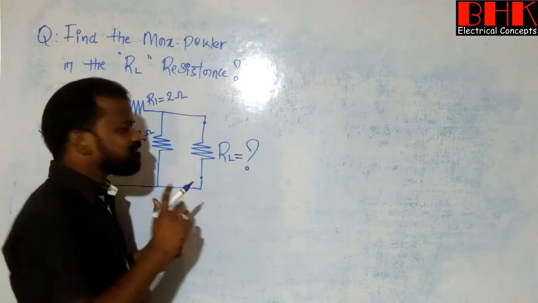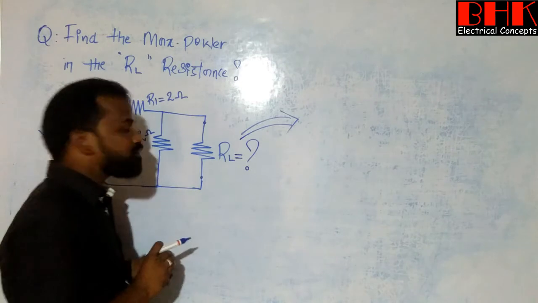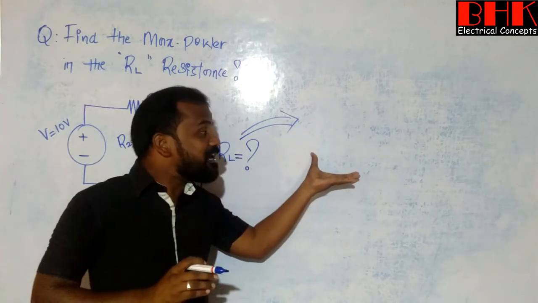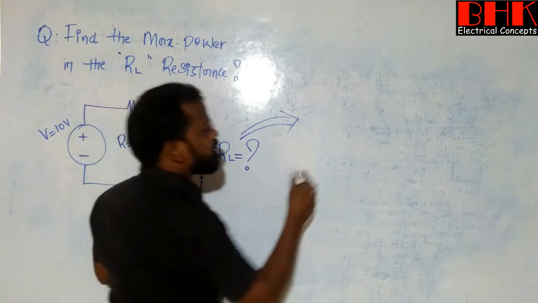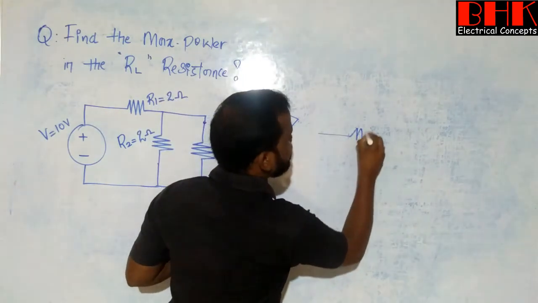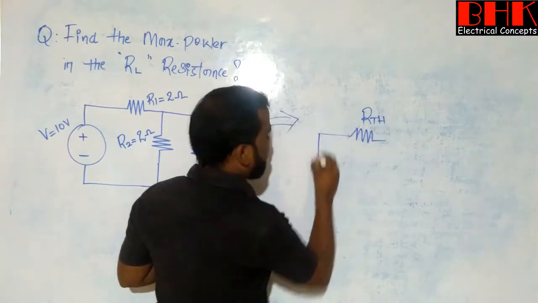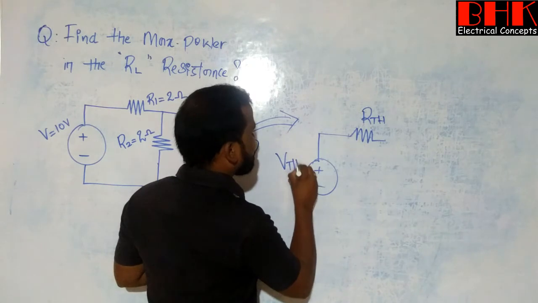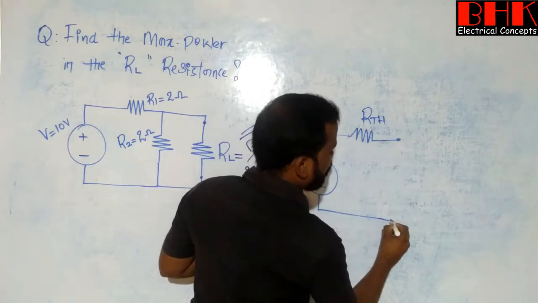Now I am going to convert the total circuit into the equivalent circuit of Thevenin's theorem. What is the equivalent circuit of Thevenin's theorem? This one is the Thevenin resistance and this one is the Thevenin voltage, and it is a two terminal open network.